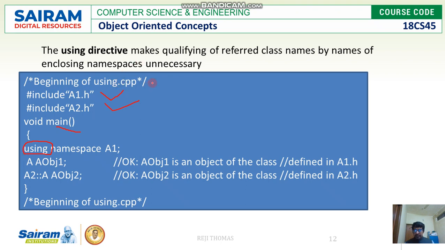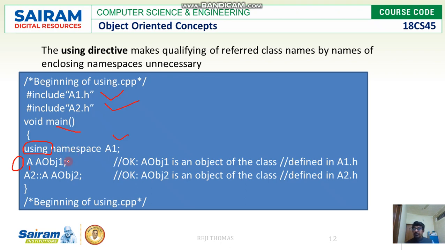If I write like this, whatever I write after this belongs to the namespace called A1. So I need not mention explicitly that this class A belongs to the namespace A1, because I've told very clearly using the directive that whatever I'm going to write after this is part of namespace A1.